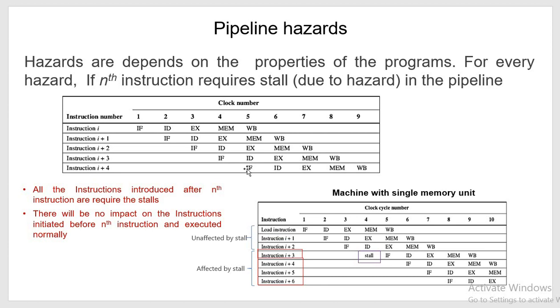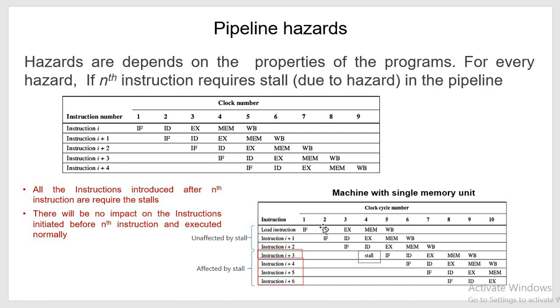As we have already discussed, hazards depend on the properties of the program, so we will have to assume one scenario, and this is the scenario. Let's suppose the first instruction of the program is the load instruction. So what will happen in the case of a load instruction? Initially, the opcode of the load instruction will be fetched from the memory. Then it will be decoded by the decoding register.